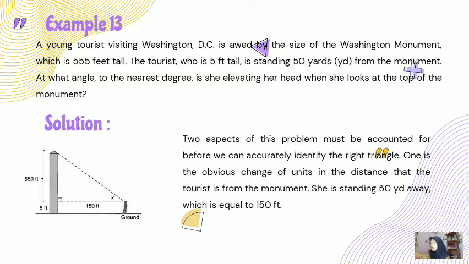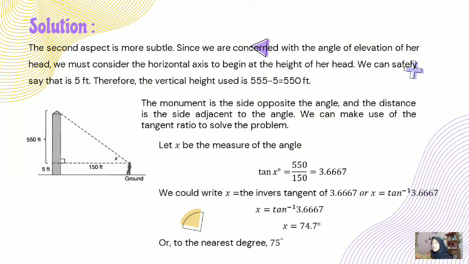One is the obvious change of units in the distance that the tourist is from the monument. She is standing 50 yards away, which is equal to 150 feet. And the second aspect is more subtle.